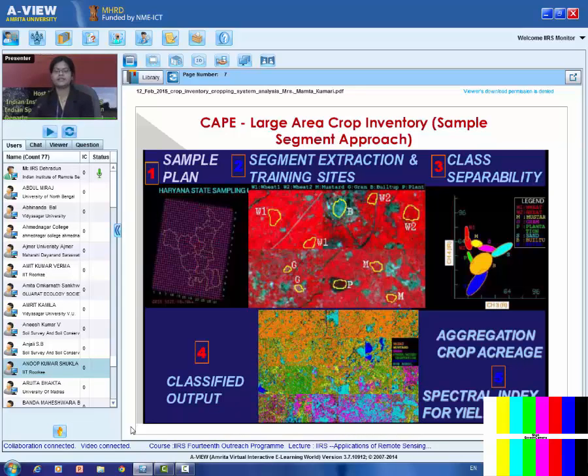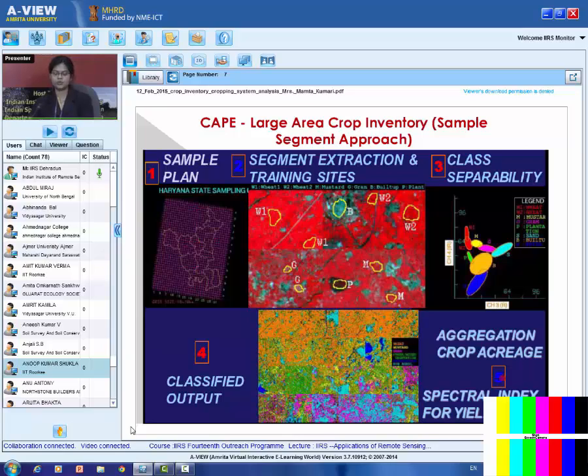After that, there is aggregation of crop acreage. How to aggregate? First, we calculate the histogram in the sample segment, which tells us about the crop proportion in the sample segment. Crop proportion means the crop area, in percentage, in that sample segment.